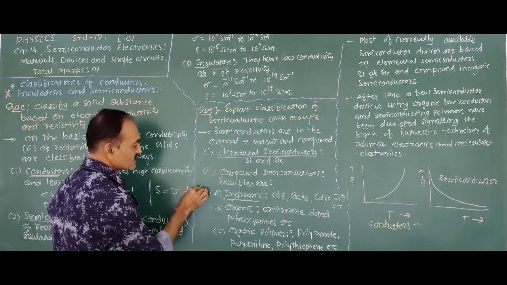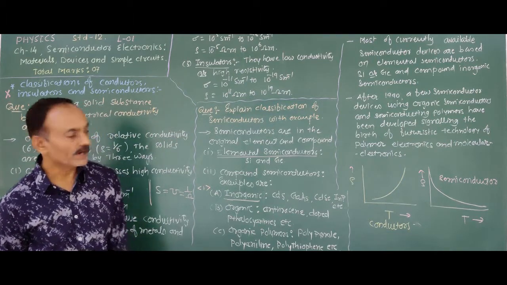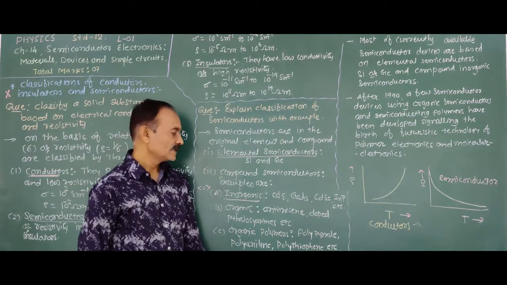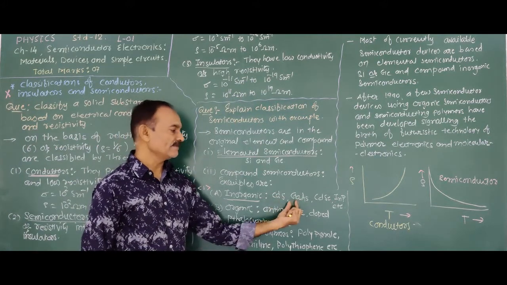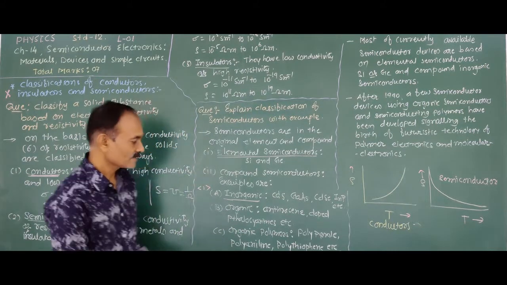Generally, 1 mark questions are asked: which of the following are organic semiconductors? Cadmium sulfide, gallium arsenide, cadmium selenide, indium phosphide.